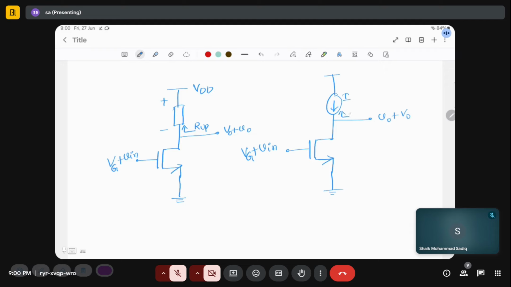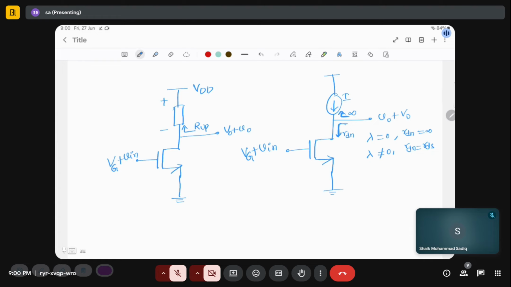What is the resistance looking up? Infinity. Looking down? 1 by gm. If lambda is equal to 0, R down is infinity. If lambda is not equal to 0, R down is RDS.